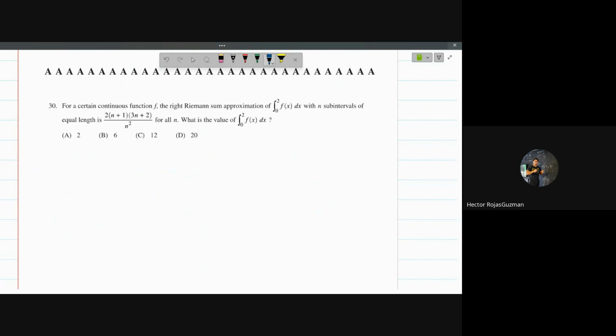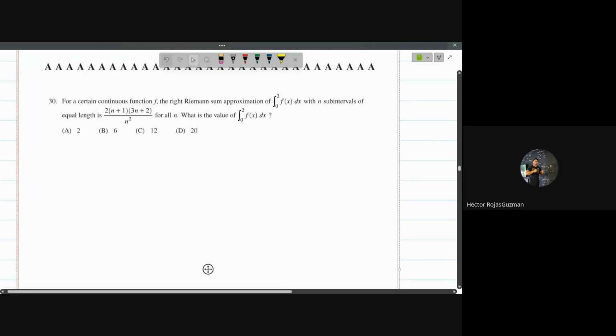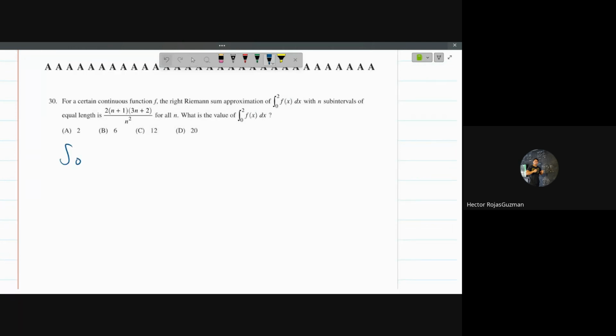So, by definition, the integral from a to b of a function dx is basically the limit as n approaches infinity of a Riemann sum that starts at any given place, of f of x_k times the change in x.